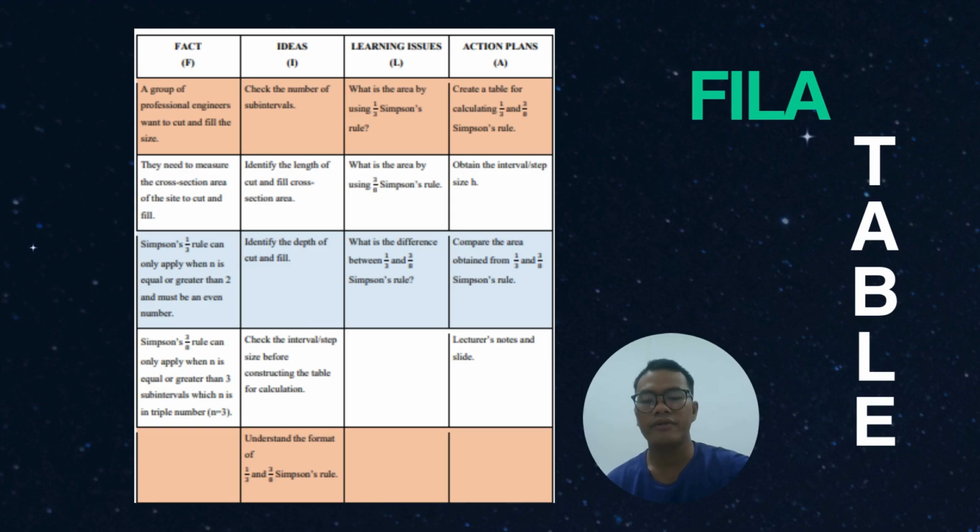The fourth fact is that the Simpson 3 over 8 rule can only apply when n is equal to or greater than 3 subintervals, where n is a multiple of 3. For the ideas, check the interval size before constructing the table for calculation. Action plan: lecture notes and slides. And the last idea: understand the formula of the 1 over 3 and 3 over 8 Simpson rule. Okay, that's all from me.